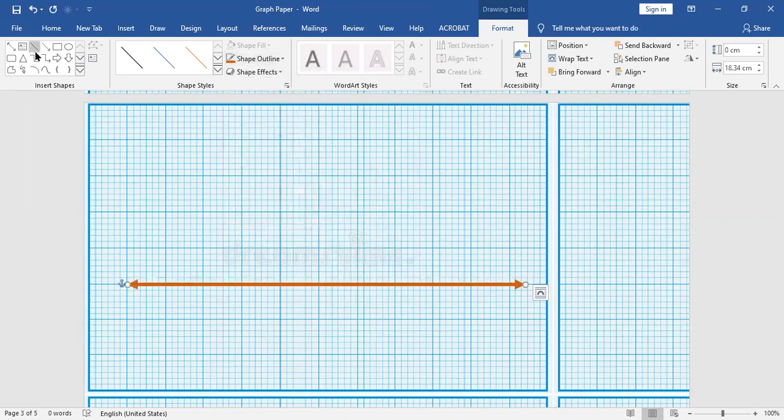Say that that is the x-axis, and now let's have the y-axis.